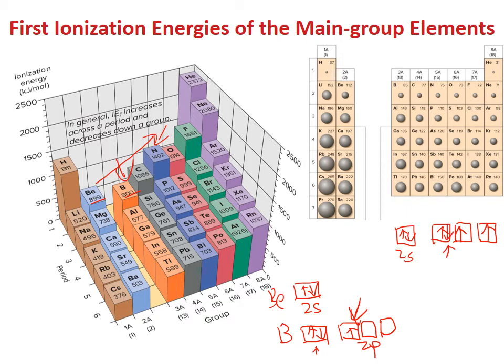Again, by removing this electron, you get half-filled 2p orbitals, and that's stable. Therefore, it's easier to remove that extra electron from oxygen, and the ionization energy of oxygen is actually smaller than nitrogen.